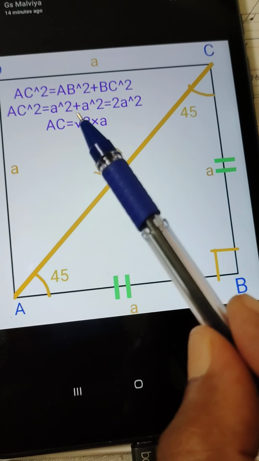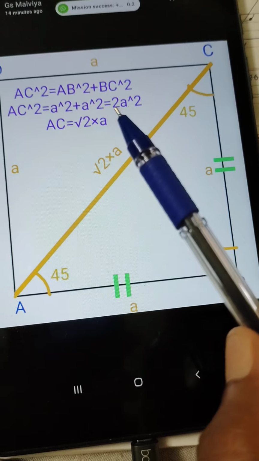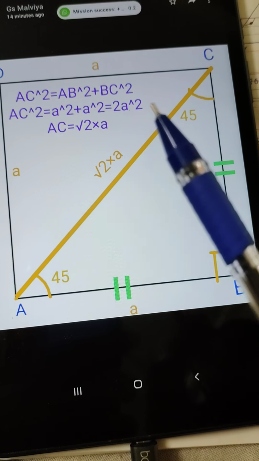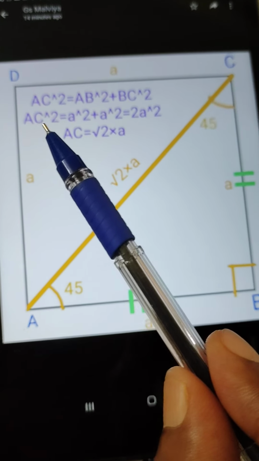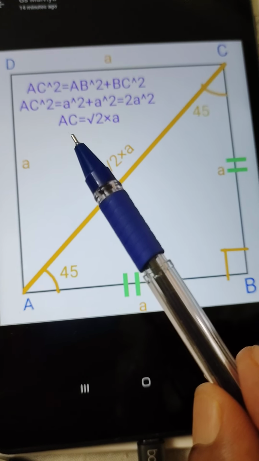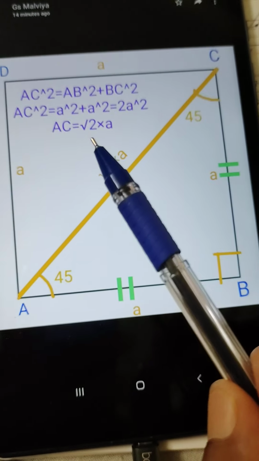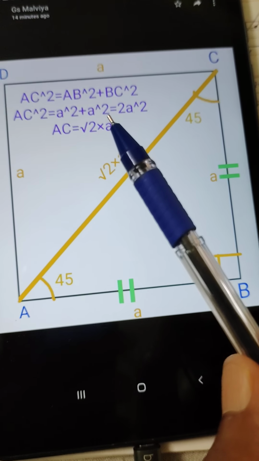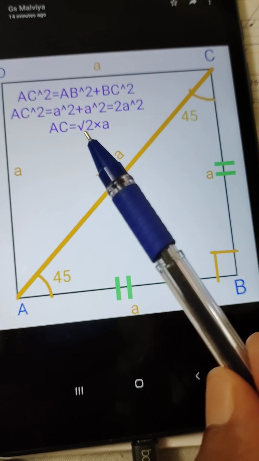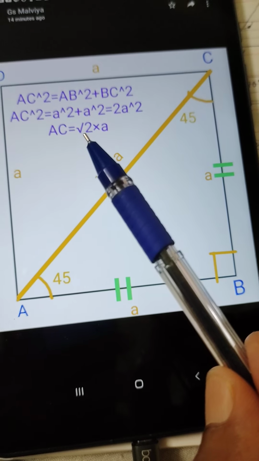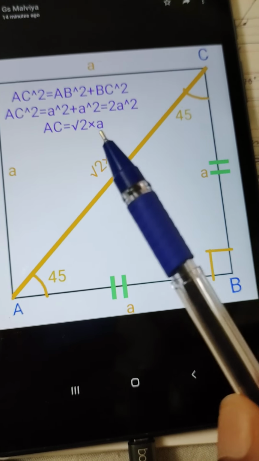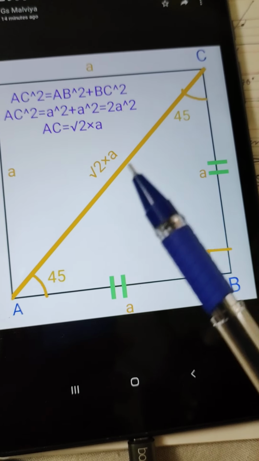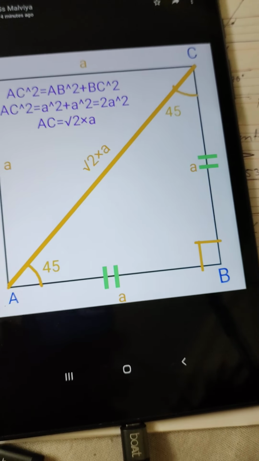So a square plus a square equals 2a square. Now this is AC square. So what will be AC? AC will be root 2 times a. The square root of 2 is root 2 and the square root of a square is a. So AC will be equal to root 2 times a.